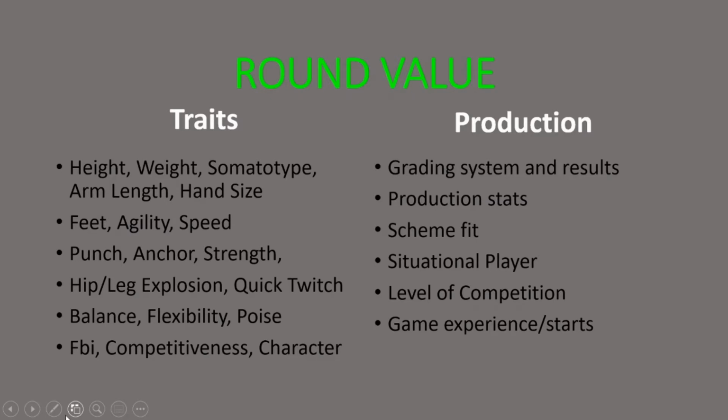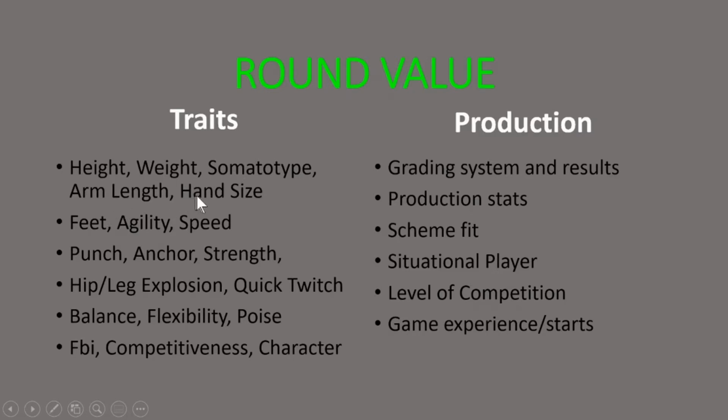Okay, so here we go. I've listed here, and this is what we're going to do in this course, we're going to go through every single one of these things in detail. And we're going to come up with a system for scoring each of these things in a very clean and decisive way. Round values would be, okay, here's a trait. So we got height, weight, somatotype. I mean, what is his body like?